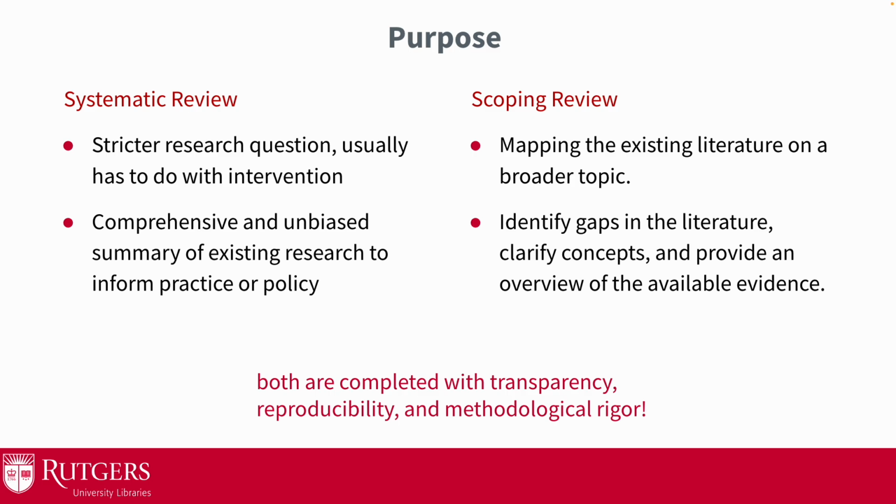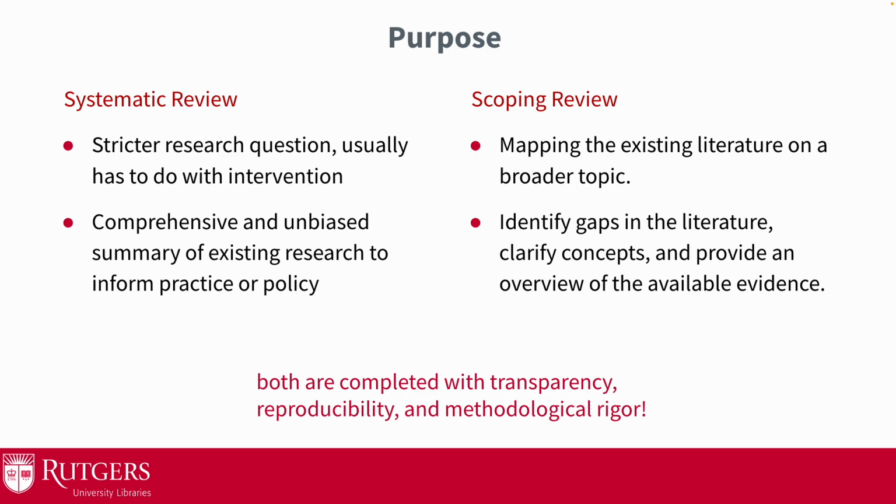They are both types of literature reviews used in research that use transparent, standardized, and systematized methods to collect, locate, filter, and synthesize all available quality evidence. But they serve different purposes and have distinct methodologies. I will note that systematic and scoping reviews are both completed using transparency, reproducibility, and methodological rigor.